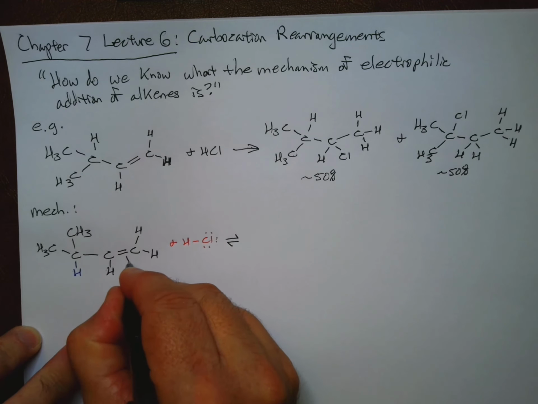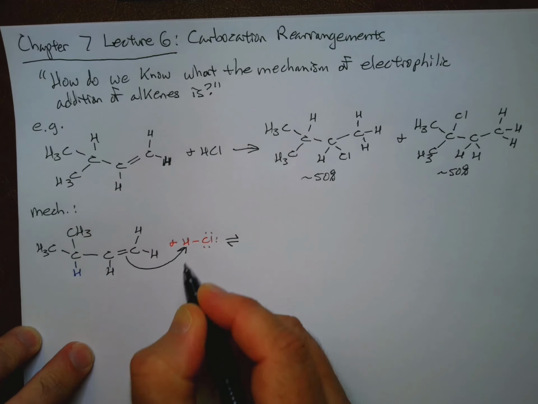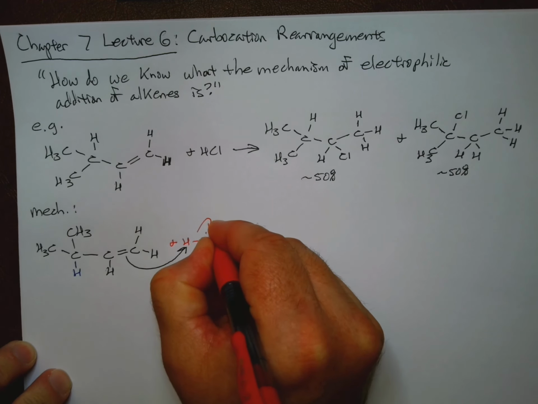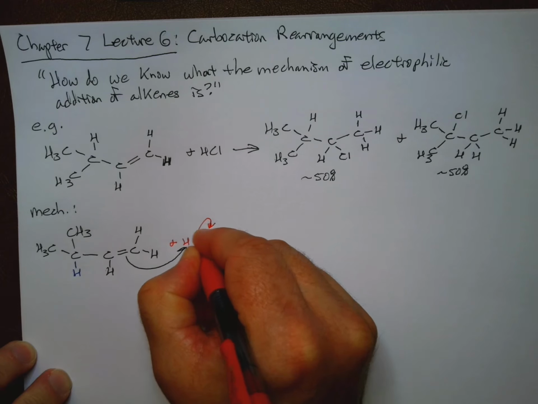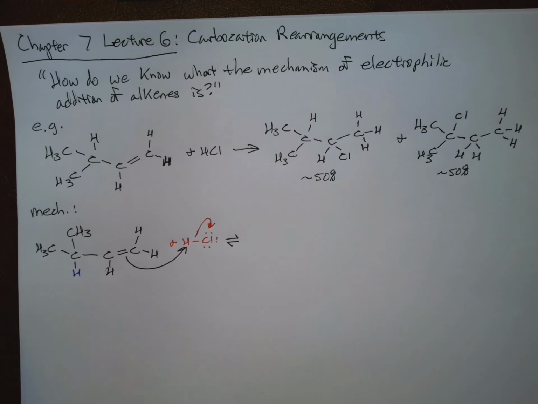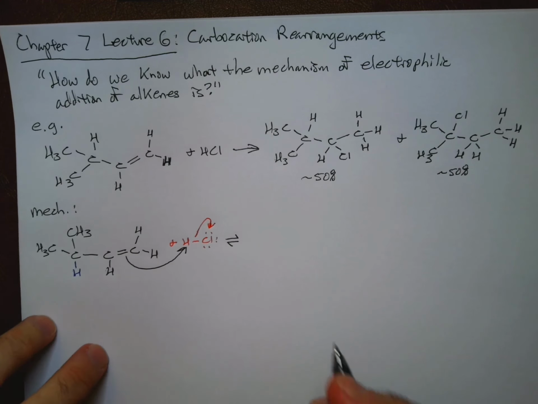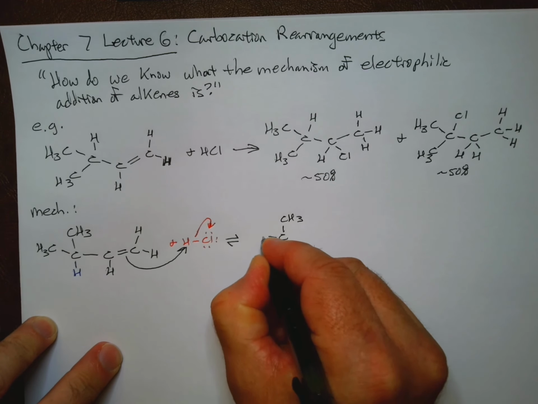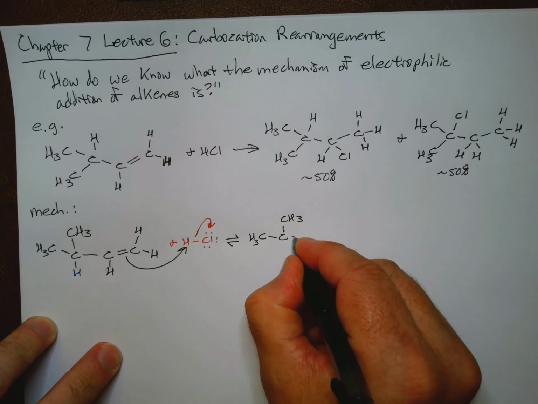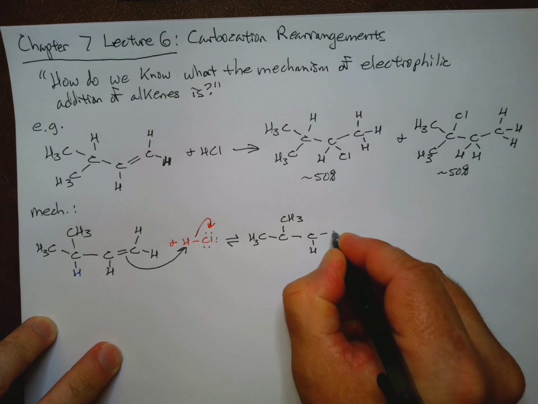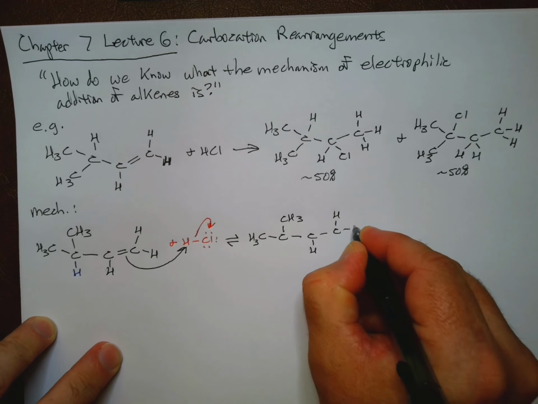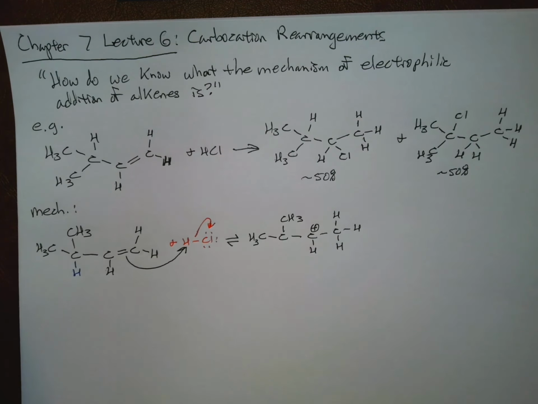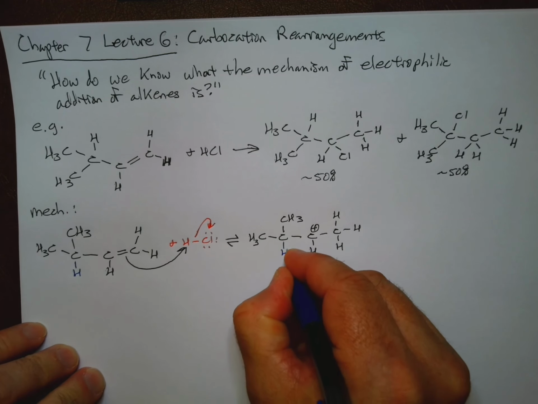And I'll have my double bond pluck the hydrogen off the HCl, and then those electrons from the HCl bond end up on the chlorine. And so now I will have CH3, CH3, CH, positive charge there, and there's my hydrogen.